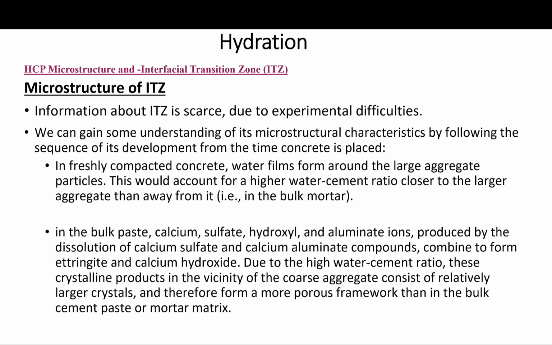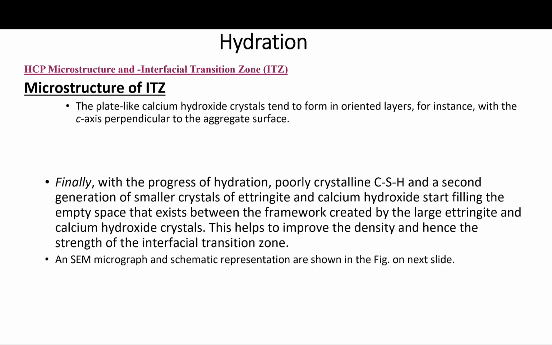Owing to a higher water cement ratio, these crystalline products in the vicinity of the coarse aggregate consist of relatively larger crystals as compared to their counterparts within the bulk of the paste, and therefore form a more porous framework than the bulk cement paste or mortar matrix. Okay? So basically, the plate-like calcium hydroxide crystals tend to form in oriented layers, for instance, with the C-axis perpendicular to the aggregate surface.